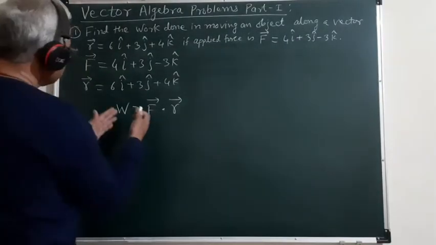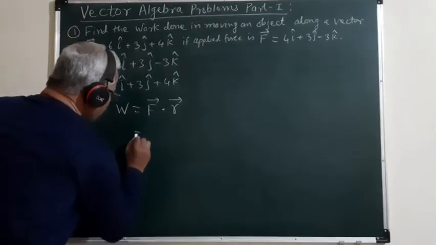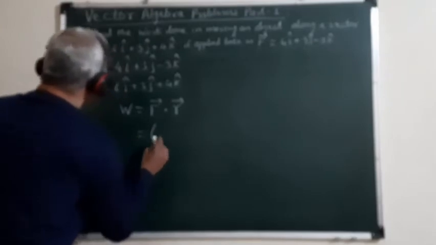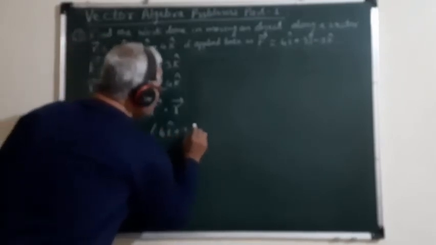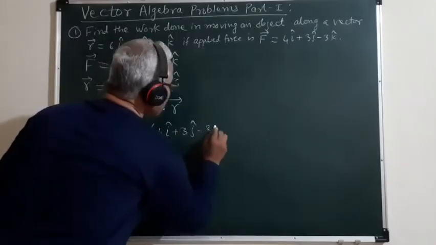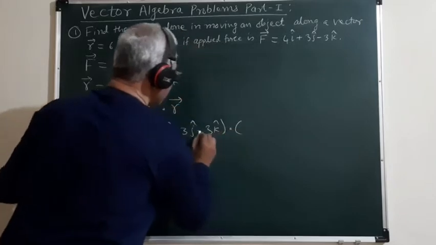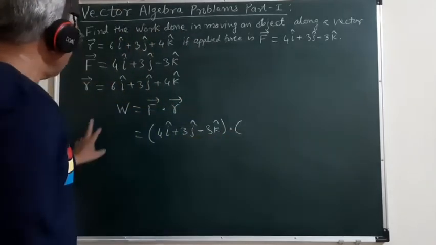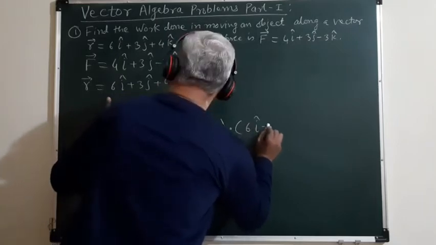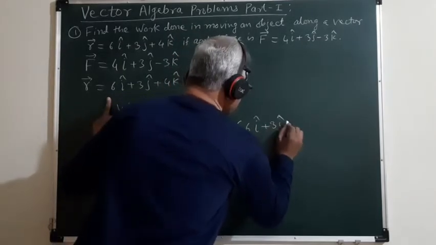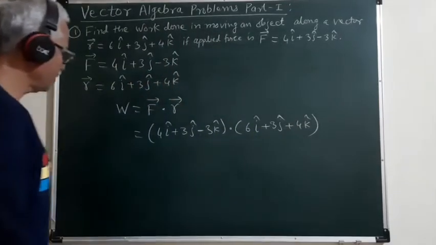So using these expressions for F bar and r bar here, we get F bar, which is 4i cap plus 3j cap minus 3k cap, dot r bar, which is 6i cap plus 3j cap plus 4k cap.